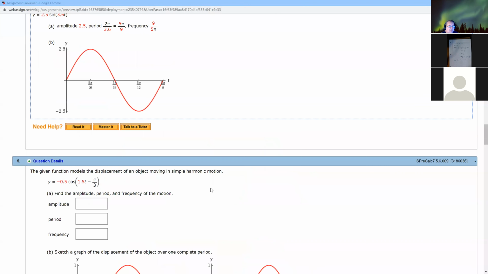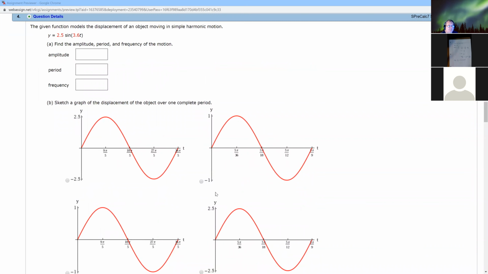I do have a question. Why is it that some of the graphs, when the amplitude, obviously the amplitude is 2.5, how is it that some of them start on the y coordinate at the 2.5 at the top, and then some start almost looking like it's at the 0? Well, when it's a sine, it will start at 0 because the sine function begins at 0, 0, and then it takes off. And if it's a cosine function, then when x is 0, it will start at the amplitude, which would be 2.5.